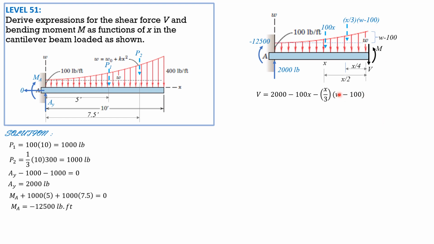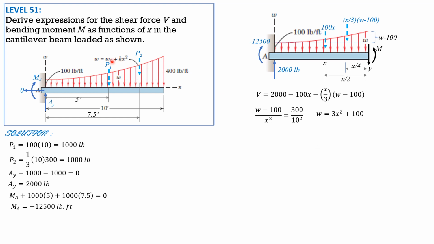So let's compute this w minus 100 by the square property of parabola. w minus 100 is to x squared, take note, as this 300 is to 10 squared. By the square property of parabola, w minus 100 is to x squared equals 300 is to 10 squared. Therefore, w is equal to 3x squared plus 100.